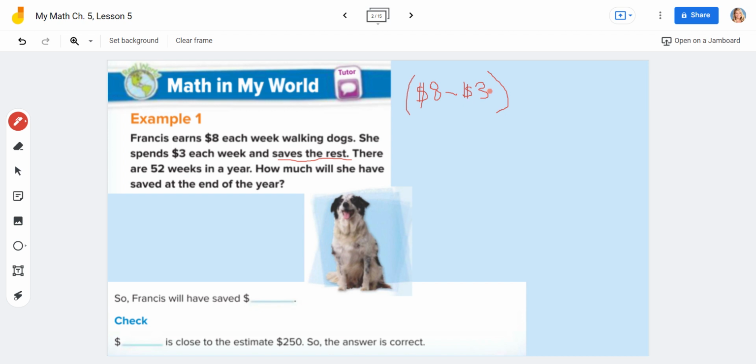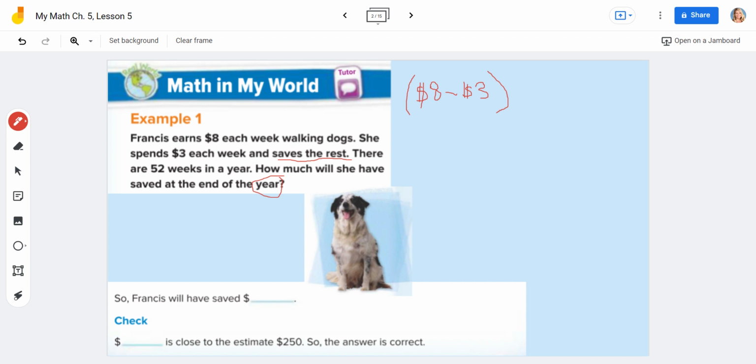So now let's think. If I have $5 that's left over in 1 week, how am I going to figure out how much money she's going to save for all year? So if $5 is for 1 week, what do I have to do for 1 year? Because 1 week and 1 year aren't the same. I've got to exchange out my year and my week.